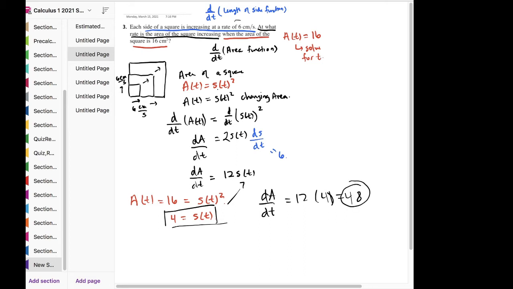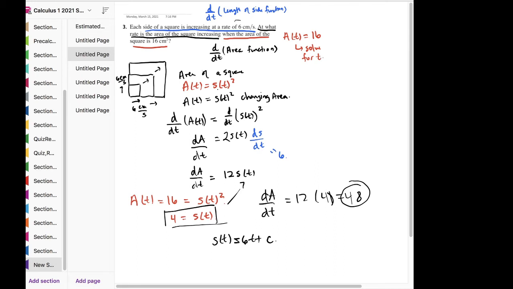So yeah, we don't know what time is, and that's okay. I mean, technically, s of t would be 6t plus something. But we don't know what the plus something is, so we can't solve for t.